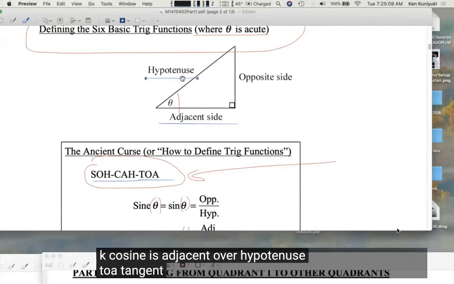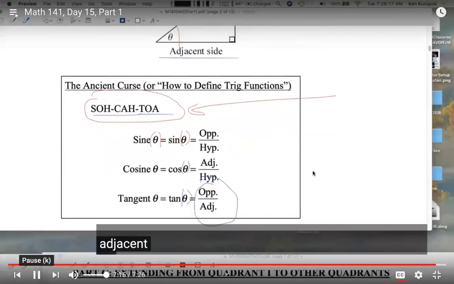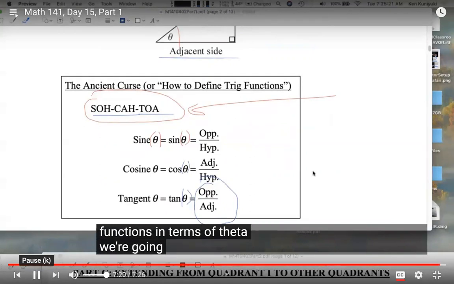Toa, tangent of theta is opposite over adjacent. So these are our 3 basic trig functions in terms of theta. We're going to look at their 3 partner reciprocal functions in the next video. Any questions thus far? All right, let's go on to the reciprocals.